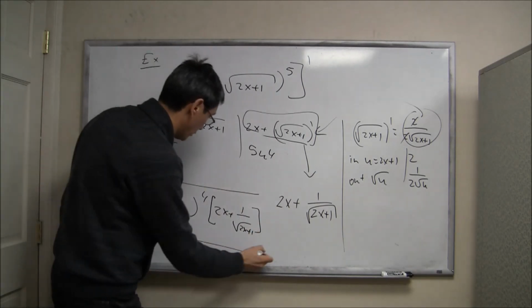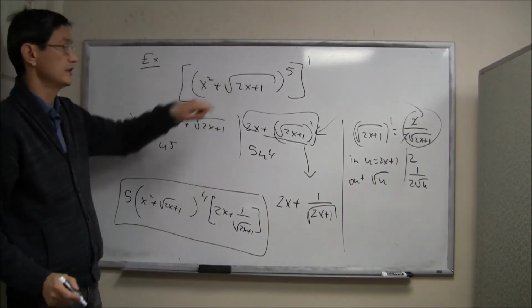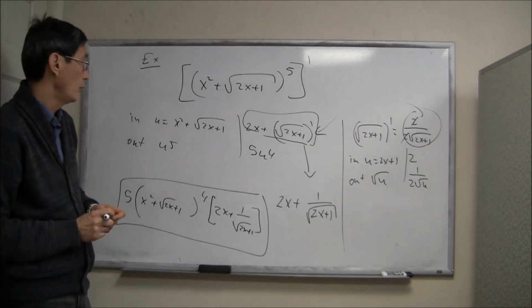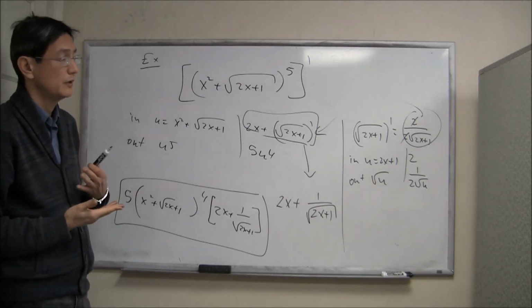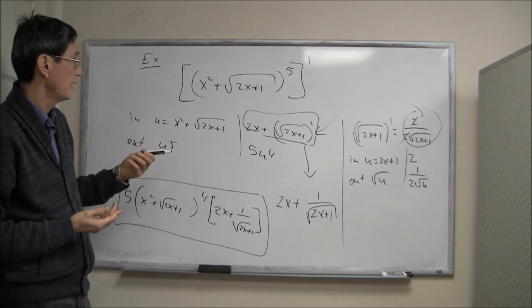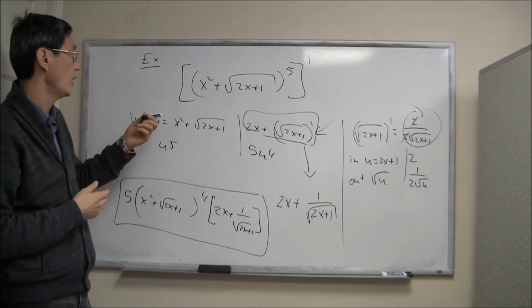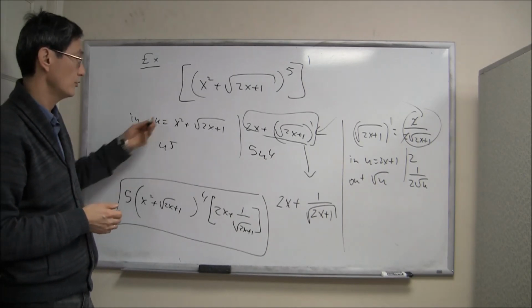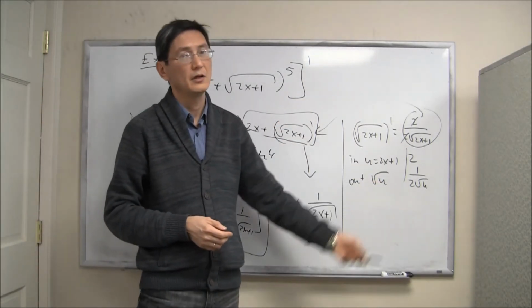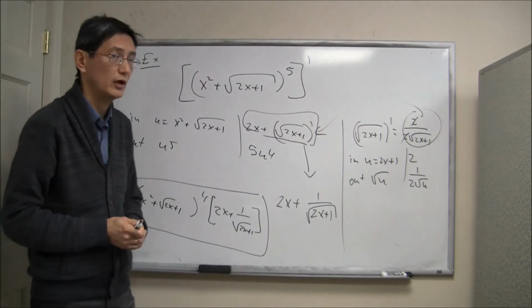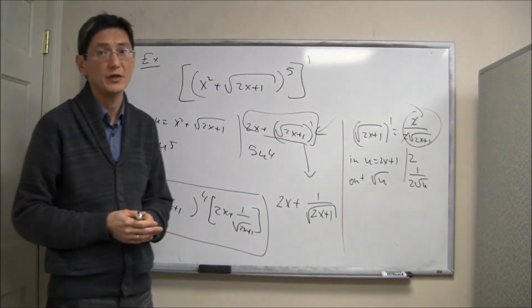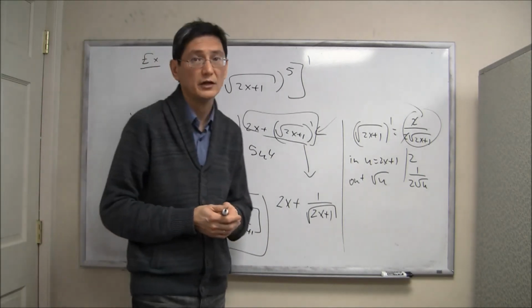And that is going to be our derivative of this function. So it was 2 derivatives, 2 chain rules, one inside of another. One chain rule followed by another chain rule. So after a while it should not be that difficult for you to take derivatives, but you have to practice, practice, and practice.